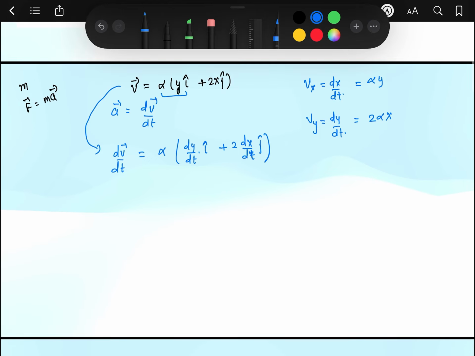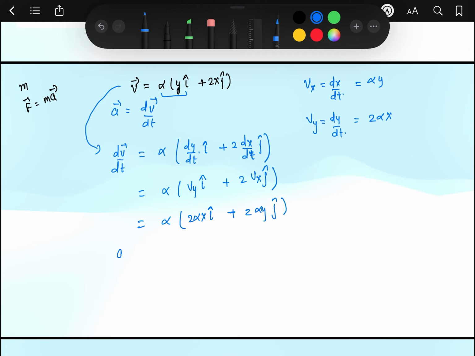So just substituting these values, alpha into (dy by dt, the velocity of this particle in the y direction, i cap plus 2 dx by dt, the velocity of the particle in the x direction, j cap). Now substituting these values, alpha into vy is 2 alpha x i cap, plus vx is alpha y, so 2 alpha y j cap.